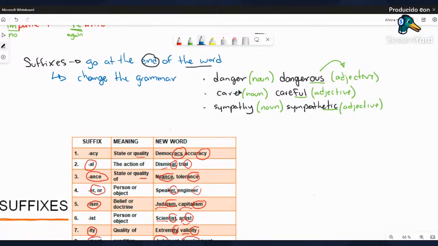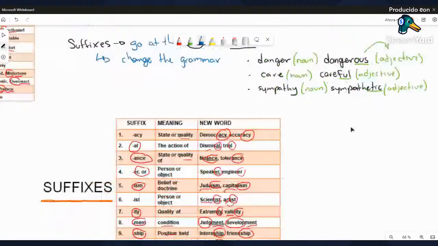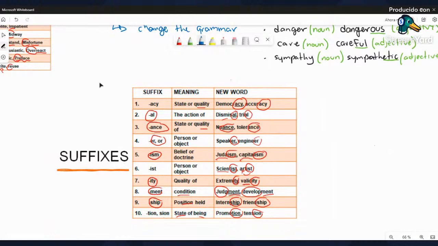We also have care, and we change care to careful by adding the suffix full. And finally, sympathy, we change it to sympathetic by adding the suffix to the word, and we change it to an adjective. So that is the main function of the suffixes and the prefixes.